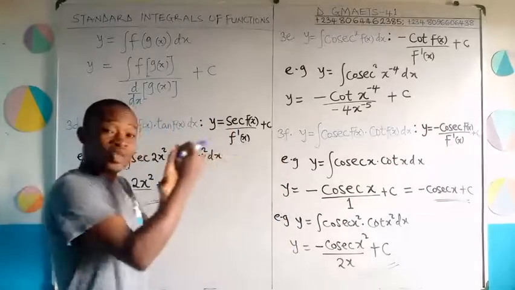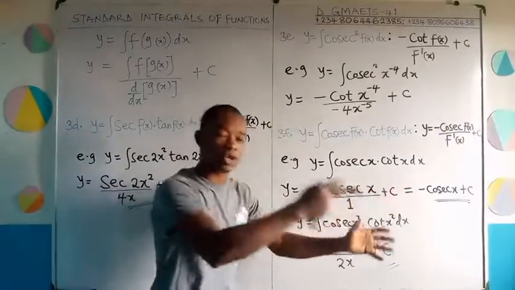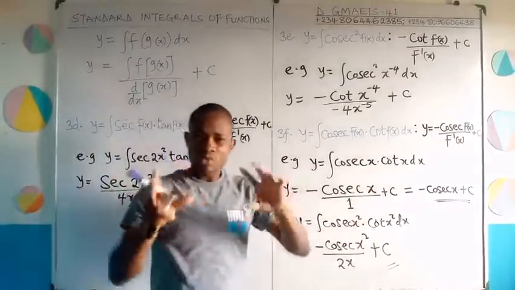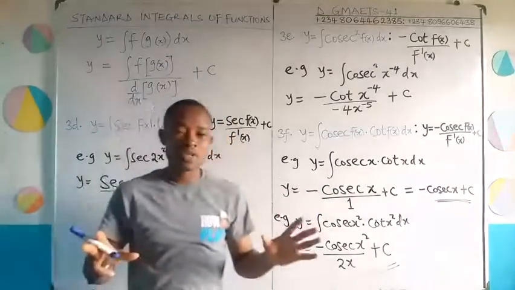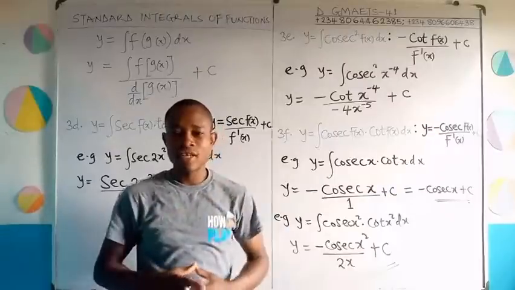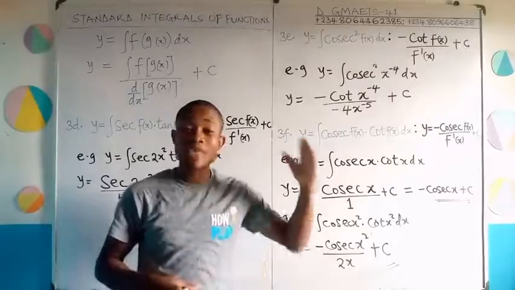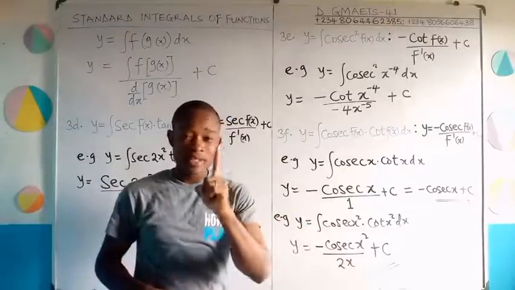If you integrate one of the trig functions, it's going to produce another trig function. That was the pattern observed for each of the 6 trig functions considered so far. Unfortunately, tan does not follow that pattern. If you integrate tan, what you're going to get is not a trig function at all. One of the reasons is this.